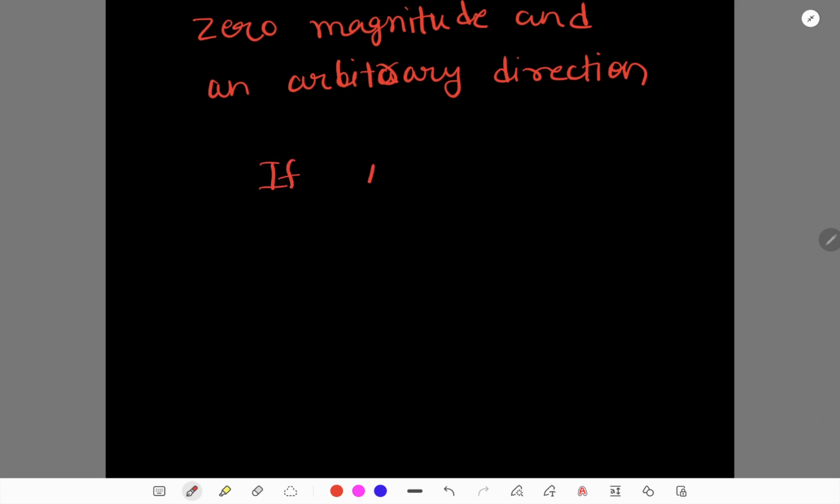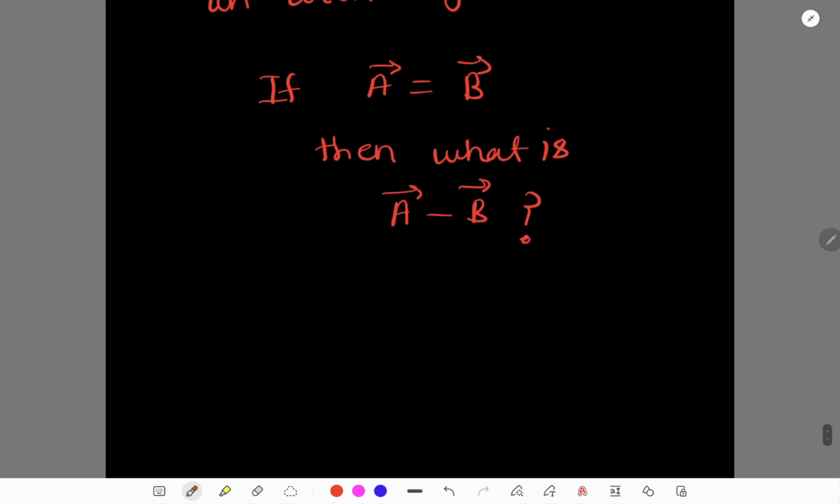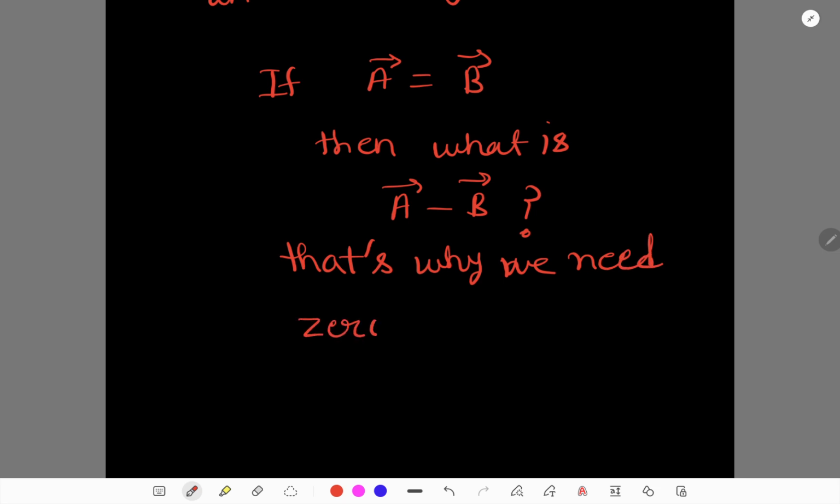If vector A is equal to vector B, then what is A minus B? That's why we need a zero vector.